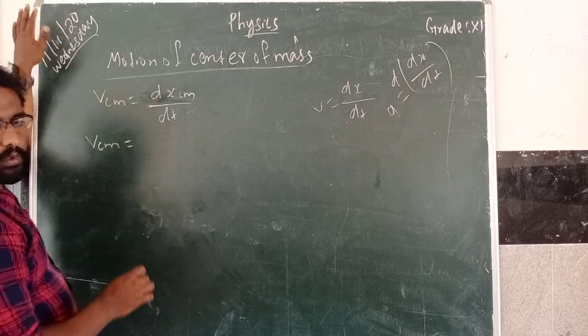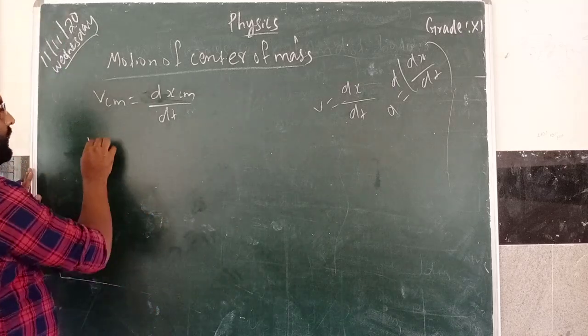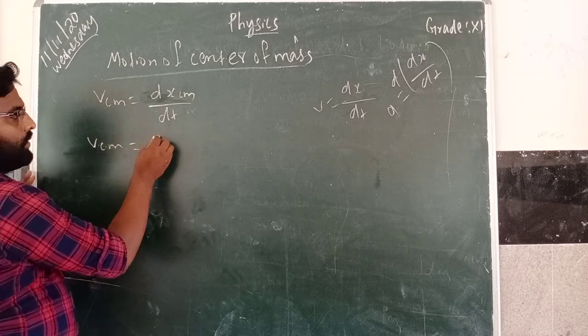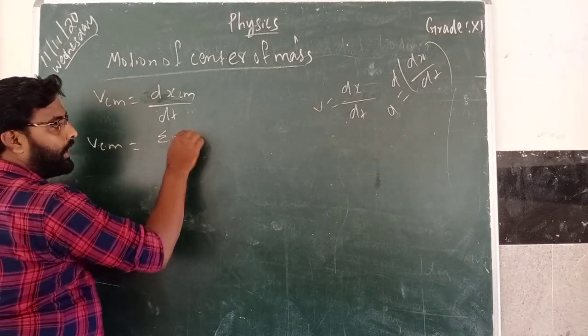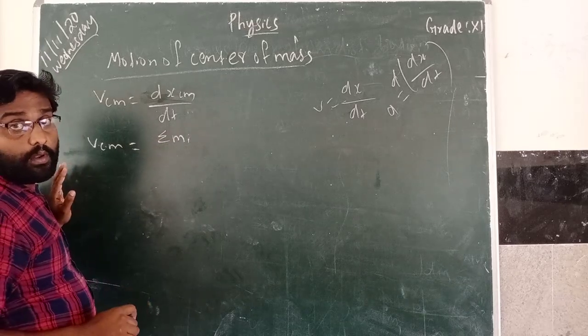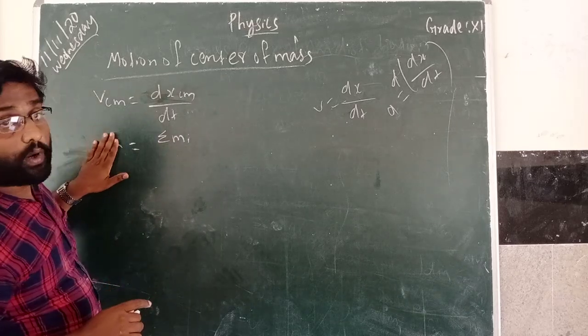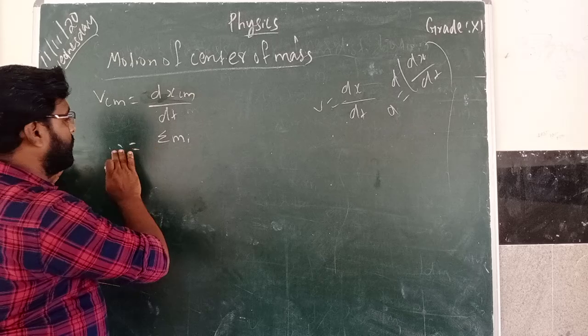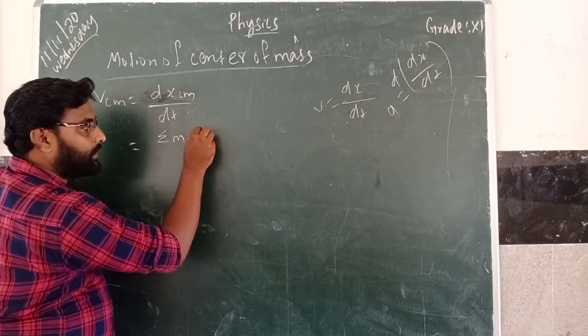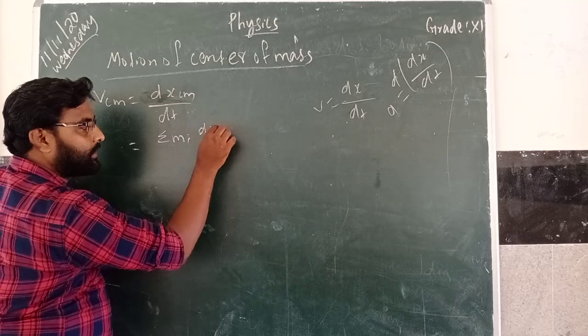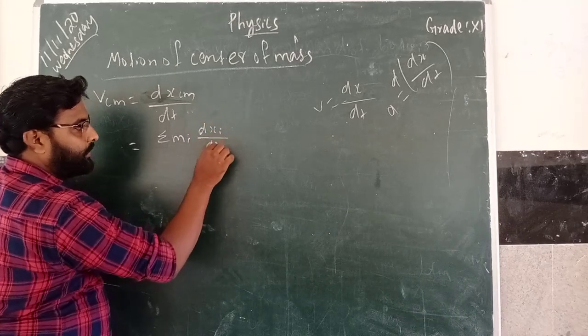Vcm is equal to, you can differentiate sigma mi. This is our center of mass formula. You can differentiate this xi, dxi by dt.